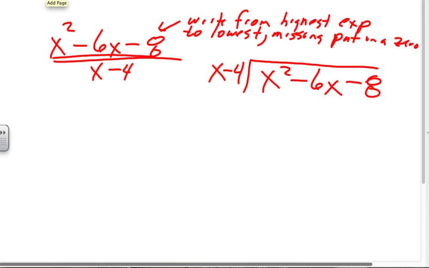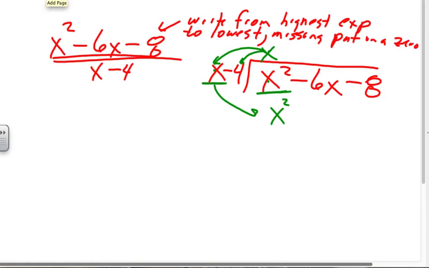So here we go. Now this really looks scary, but it's not. Just take a look at these terms first, x squared and x. Just like before, how many times does x go into x squared? The answer is x. x times x is x squared. You want to find it so that these two numbers multiply out to give you that number, in that case x squared. Then I multiply it by this one.